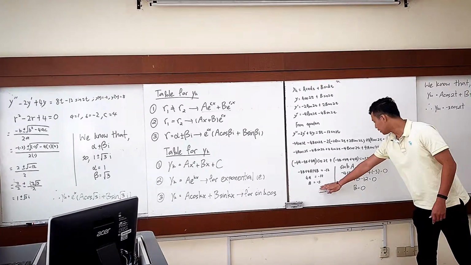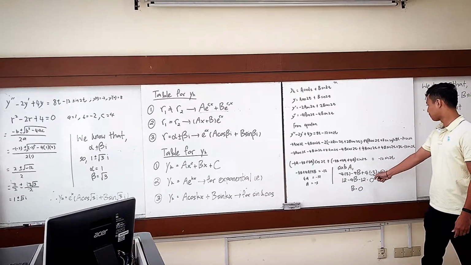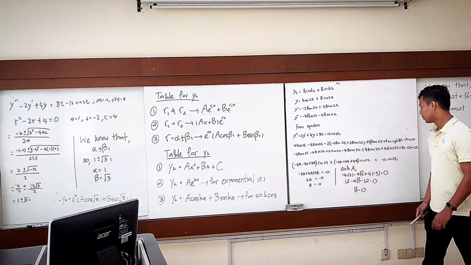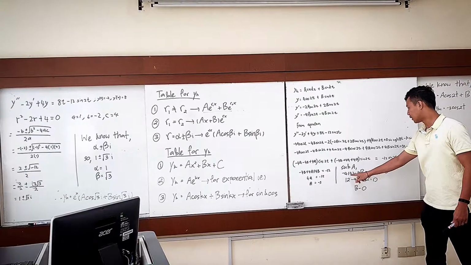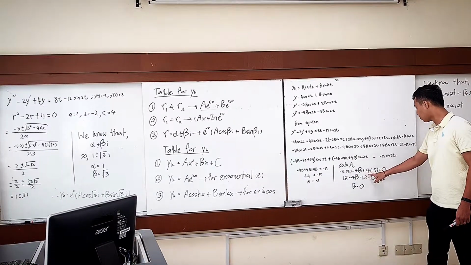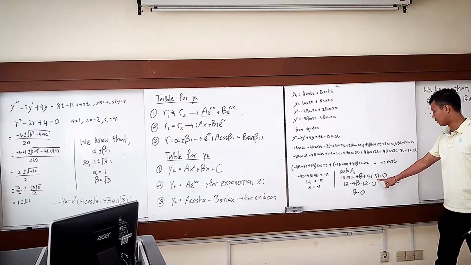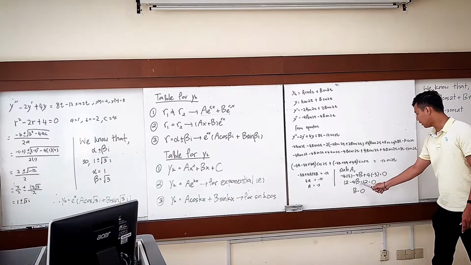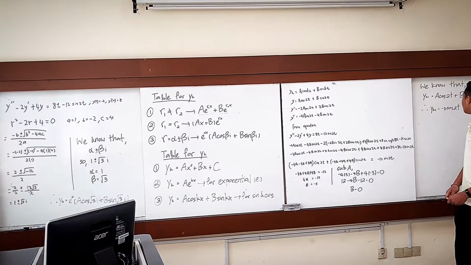From here we substitute a into the cos 2t terms: negative 4a with a equals negative 3, minus 4b plus 4a. So we get 12 minus 4b minus 12 equals 0, so b is equal to 0.